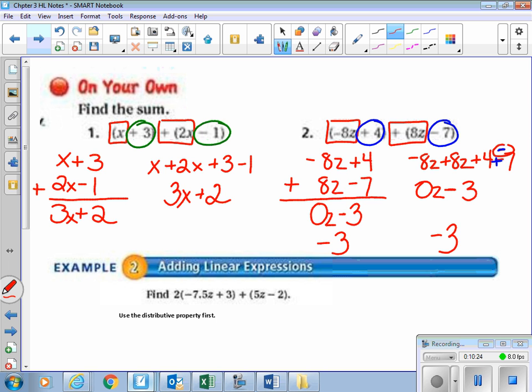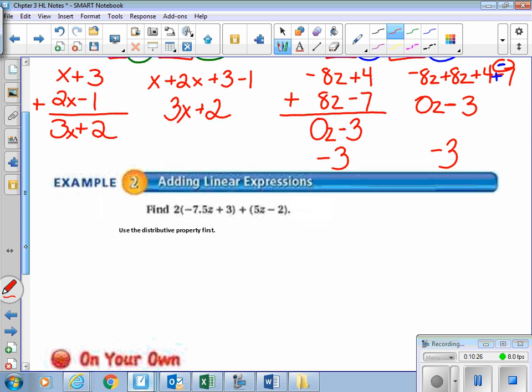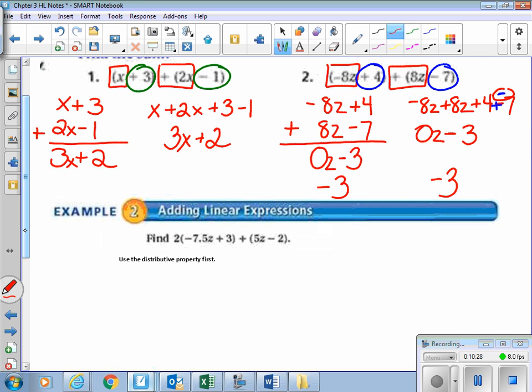In the next example, notice that we have a number that's on the outside of those parentheses. So before we can add these linear expressions, we must use the distributive property first. To remind yourself of that distributive property, you are multiplying everything in the parentheses by the number that's on the outside.